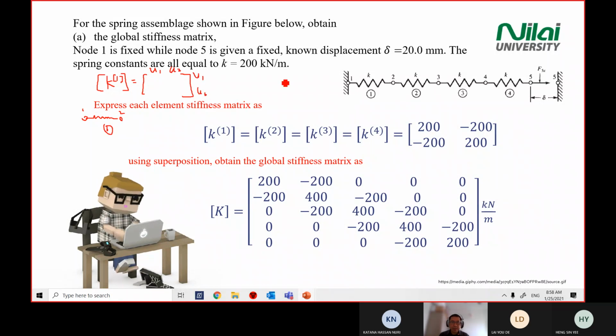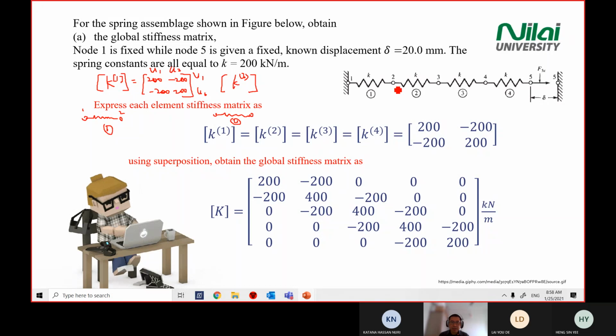The matrix will be, because the stiffness is 200, 200, -200, 200, and -200. Then you repeat for K2, element 2. You look at the diagram, you have point 2 and 3. So in your stiffness matrix for the element, it is the U2 and U3 values.